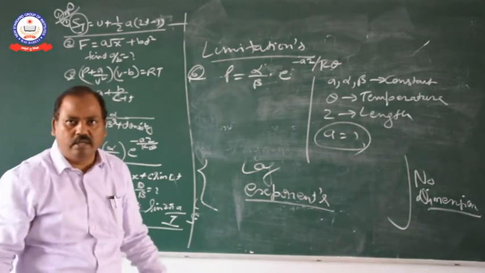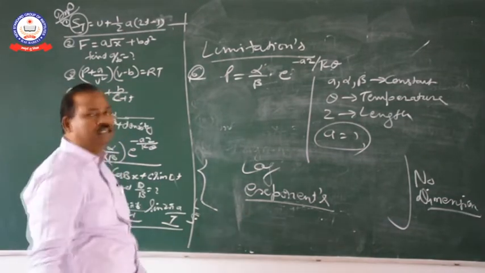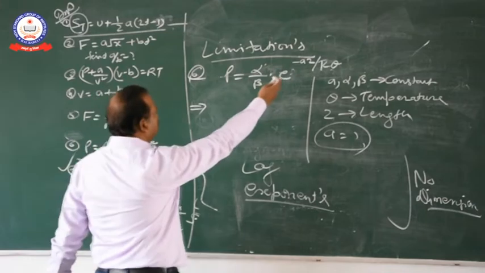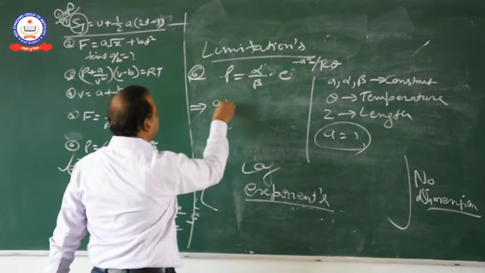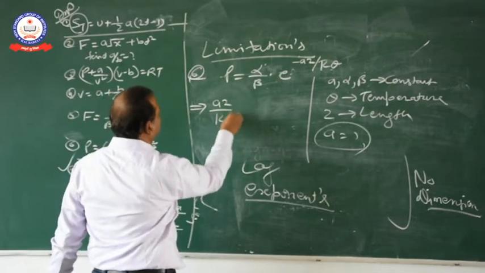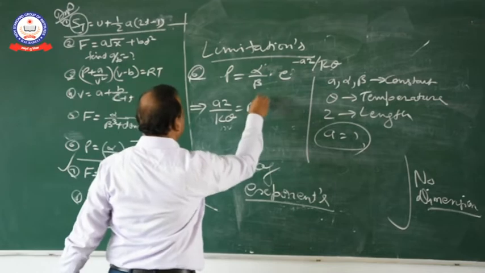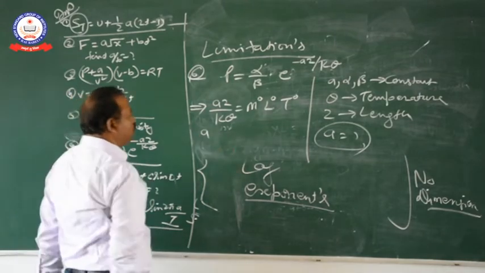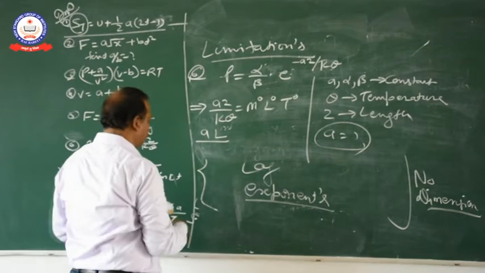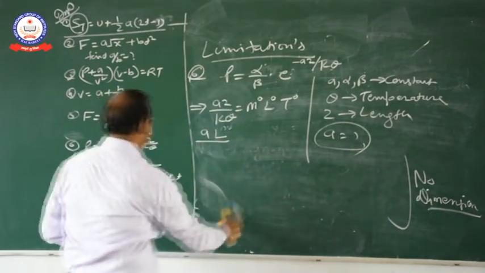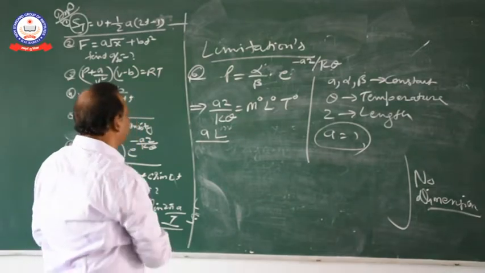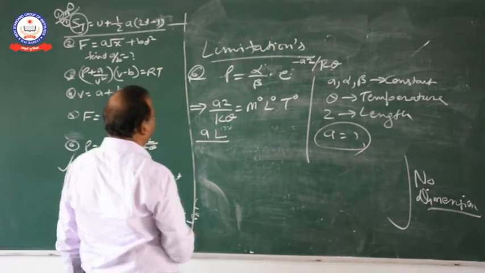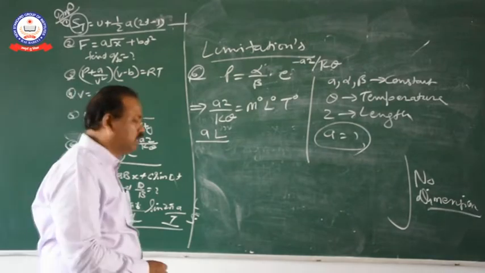By using the limitation that exponents are dimensionless, az upon k theta is dimensionless, meaning m raised to power 0, l raised to power 0, t raised to power 0. a is constant, z is length, and k is the Boltzmann constant.